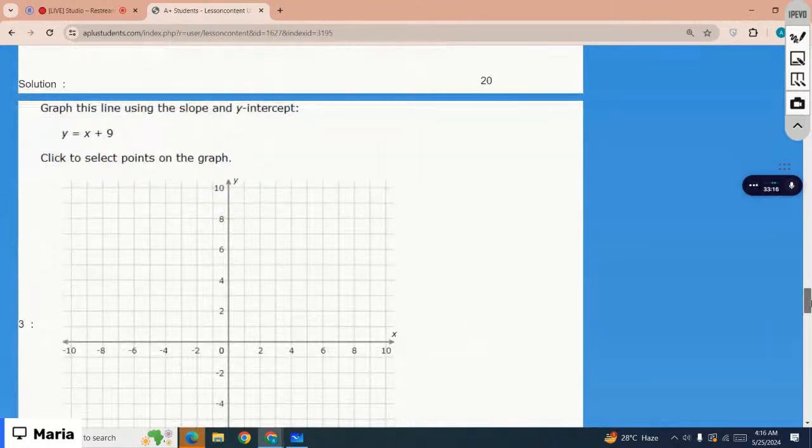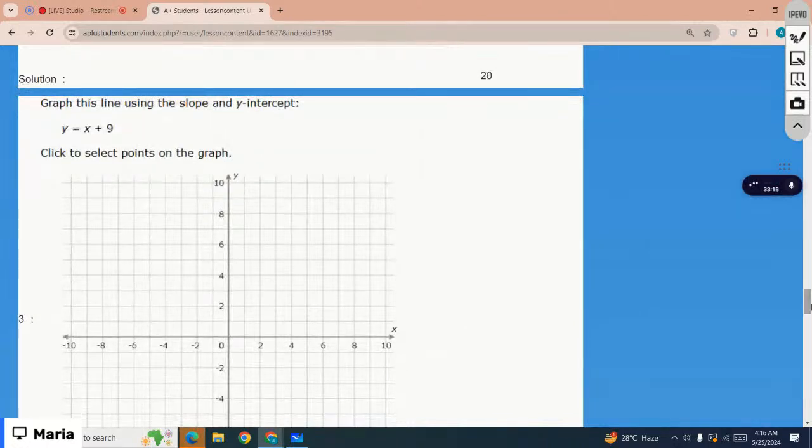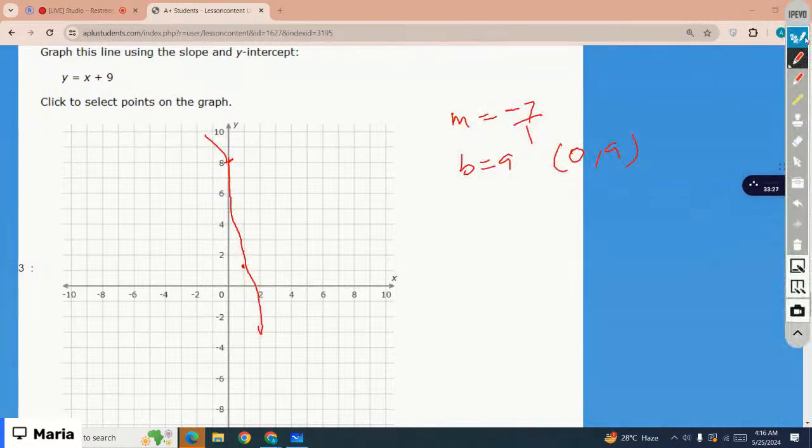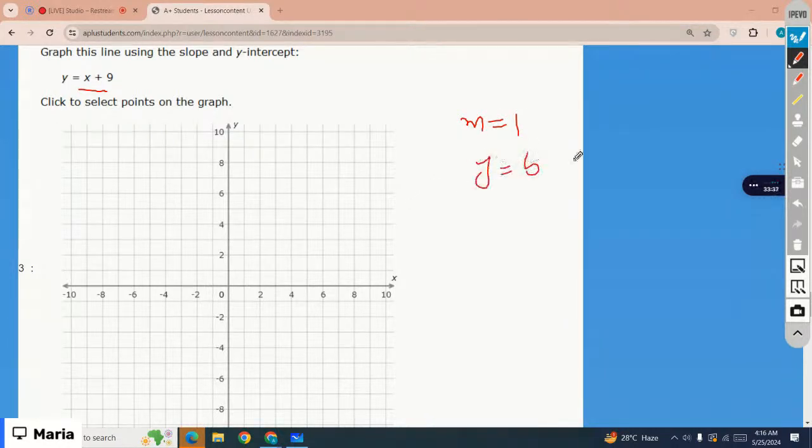Graph this line using the slope and the y-intercept. That is y equals x plus 9. Slope is 1. The y-intercept is 9, right?